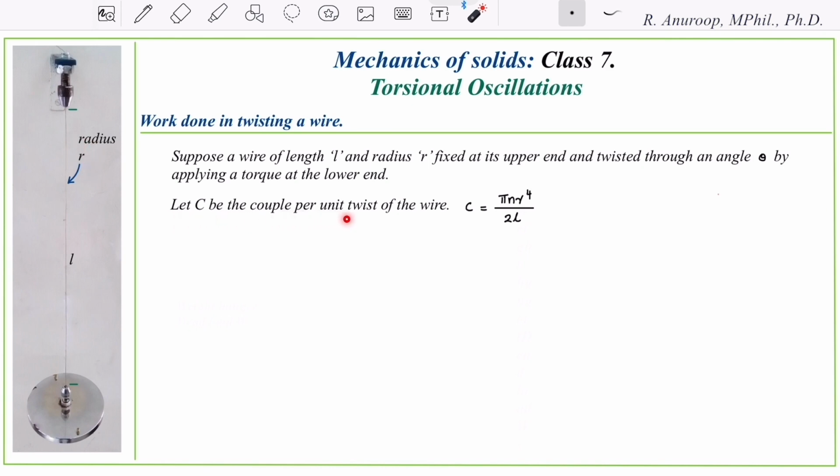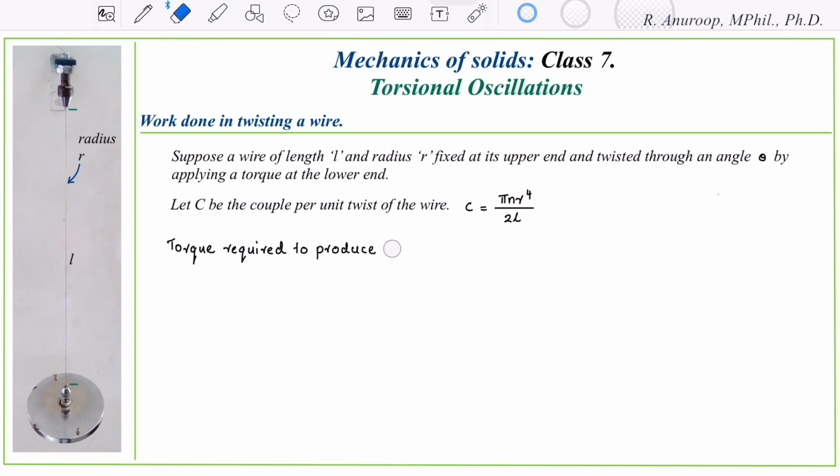Now we have seen that when the wire is twisted, the couple per unit twist of the wire is pi n r raised to 4 divided by 2L. We studied this expression in the previous class.